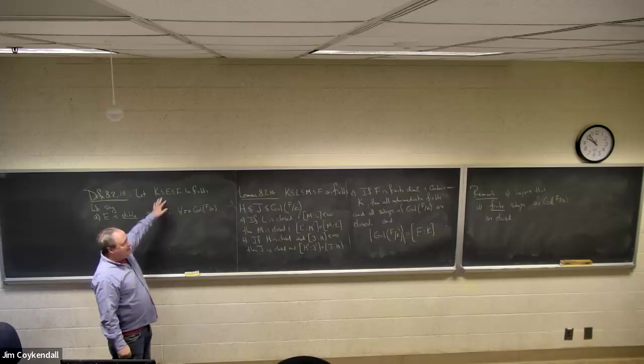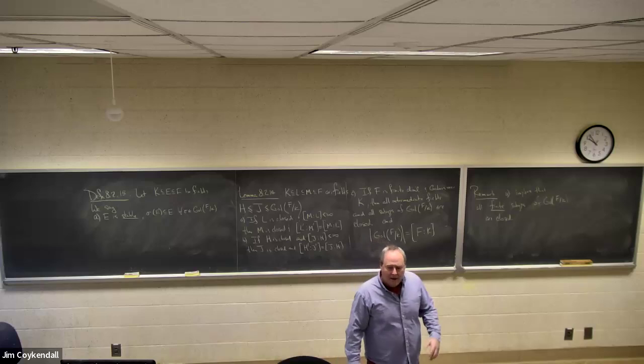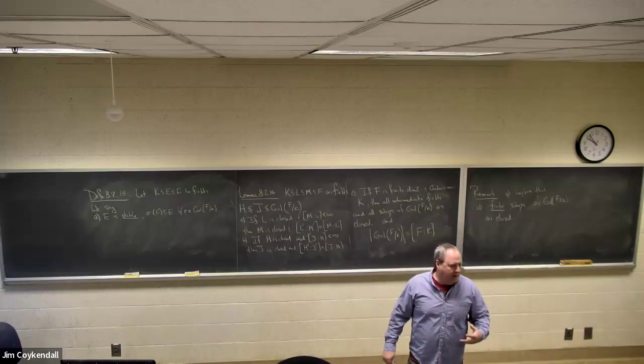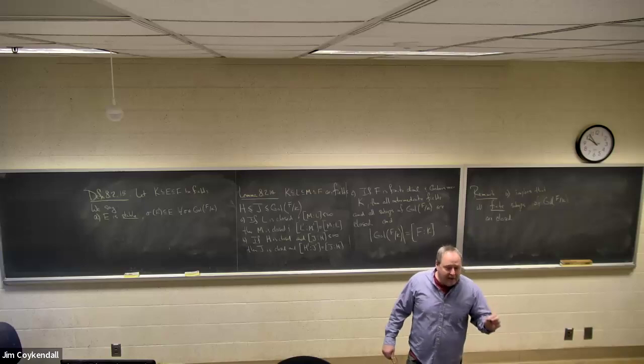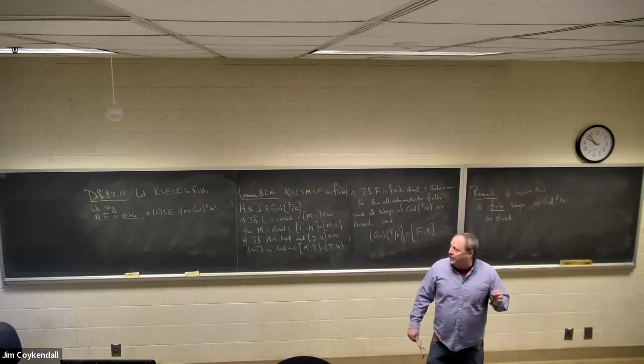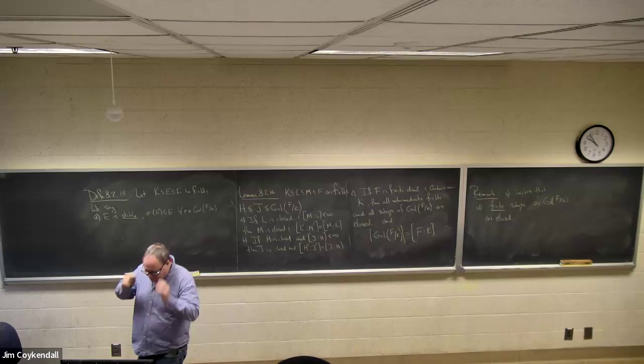So if you apply any automorphism of F and you look at what happens to E, it stays in E. E is like Las Vegas, right? Everything that happens in Vegas stays in Vegas. Be careful, I do not mean that sigma fixes it. I just mean that everything in E ends up in E. It might permute E quite a bit.